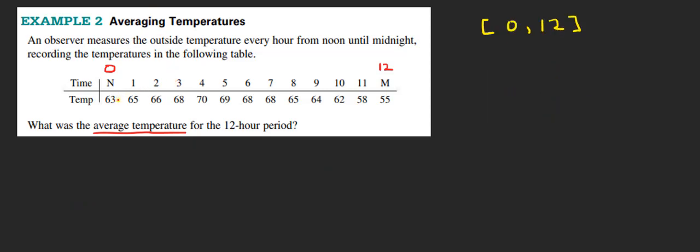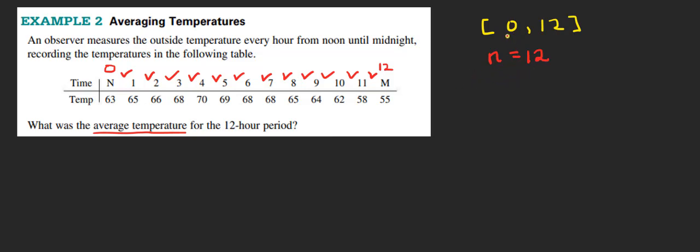Now, how many trapezoids are in the interval from 0 to 12 in the given table? Well, we have 1, 2, 3, 4, 5, 6, 7, 8, 9, 10, 11, 12. We have 12 trapezoids, so n equals 12.